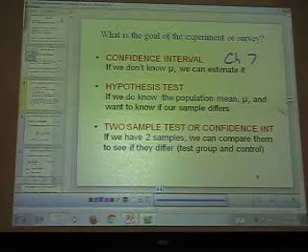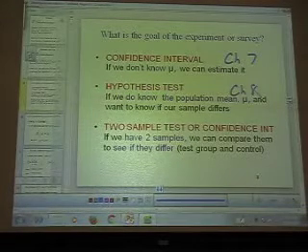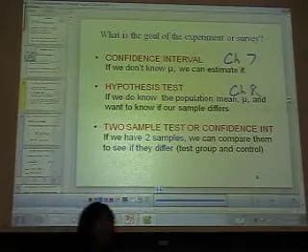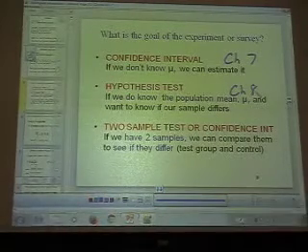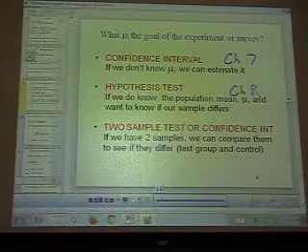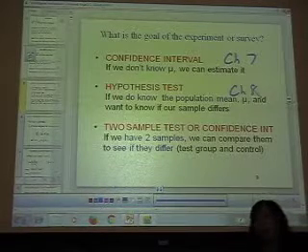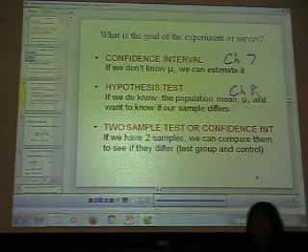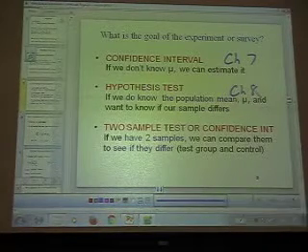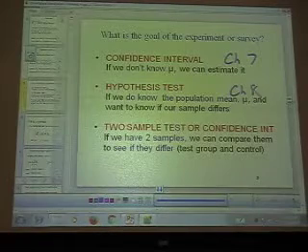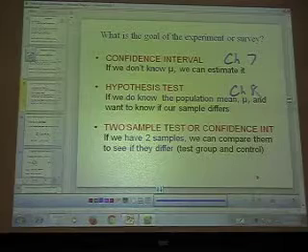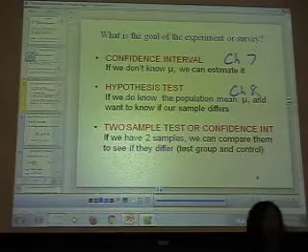Hypothesis test, chapter 8, is when you know what the general population is, but you have a sort of a subgroup. And you want to know if your subgroup differs somehow from the general population. So you're going to take a sample of your subgroup, compare it to the general population, and see if your sample is really unusual. If it's really unusual, then you could say that your subgroup must somehow be different than the general population.